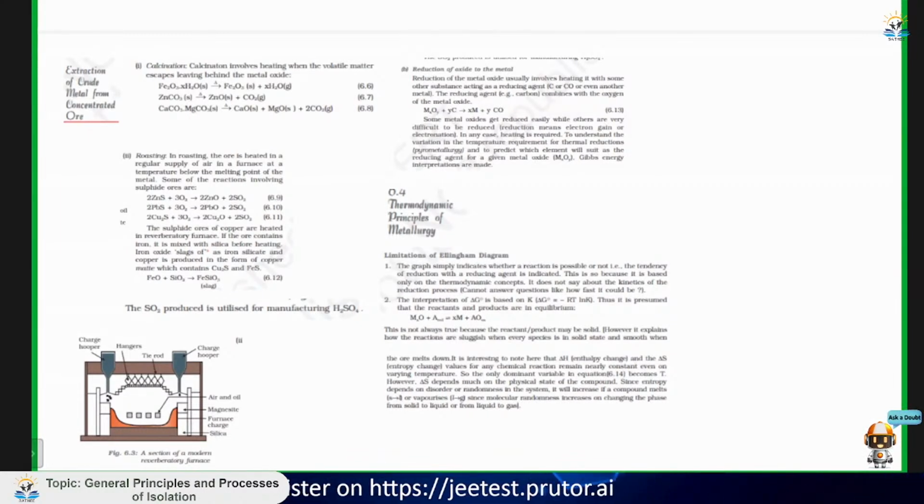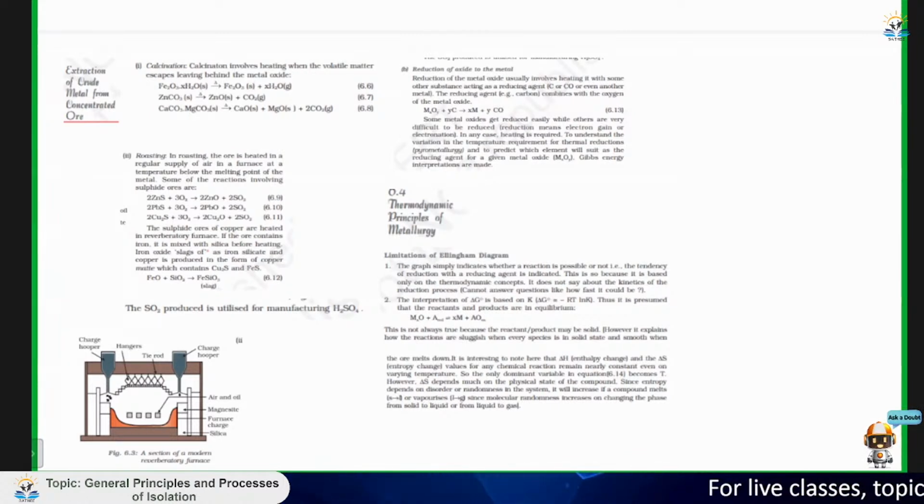In roasting, the ore is heated in a regular supply of air in a furnace at a temperature below the melting point of the metal. That's important. Below the melting point of the metal is important. Some of the reactions involved are those examples. The sulfide ores of copper are heated in a reverberatory furnace. If the ore contains iron, it is mixed with silica before heating.